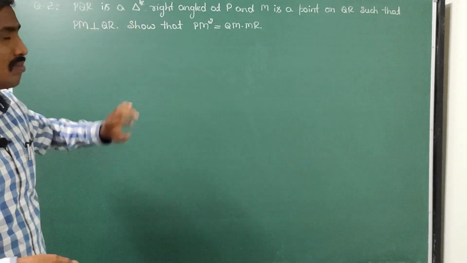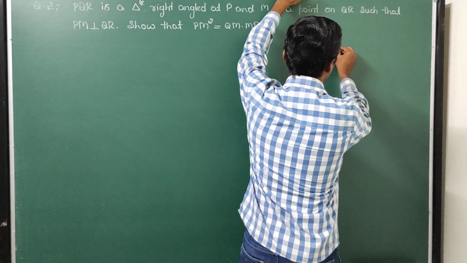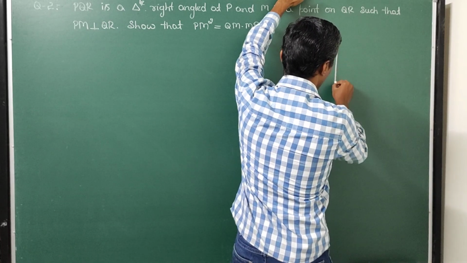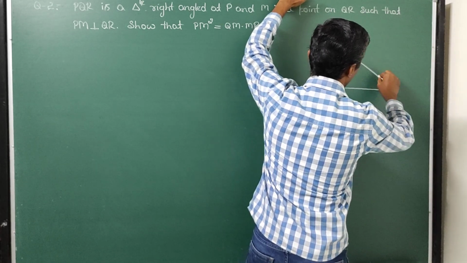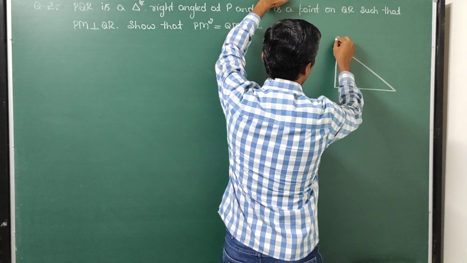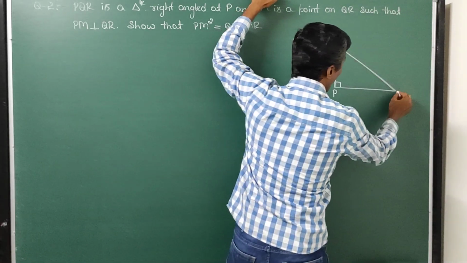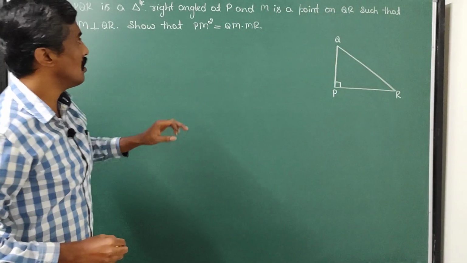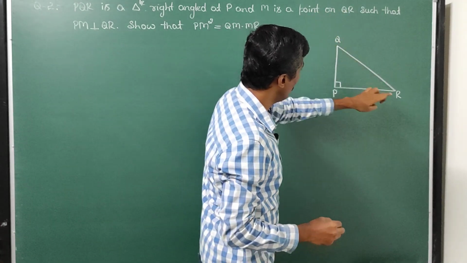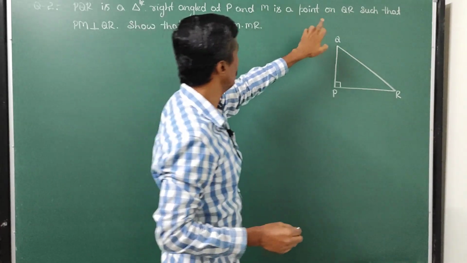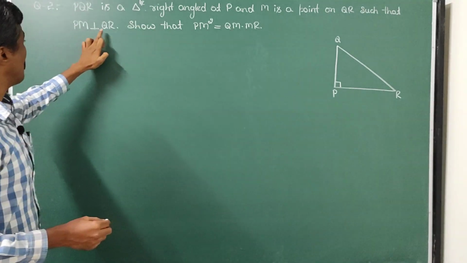So let me draw the figure. PQR is a triangle right angled at P. So let me draw a triangle PQR, right angled at P, so P is 90 degrees. Then M is a point on QR such that PM is perpendicular to QR.